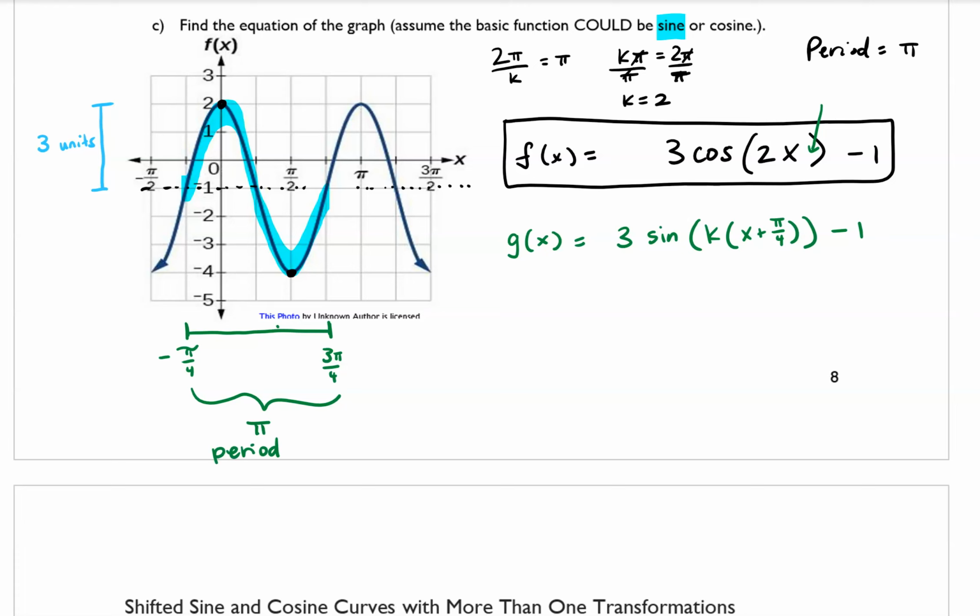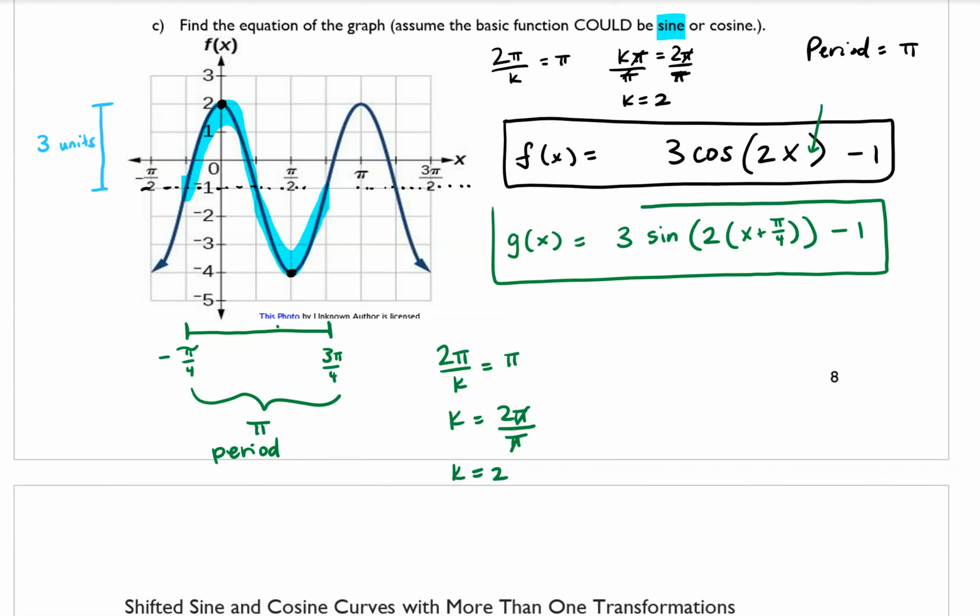And so if we did 2 pi over k is equal to pi, our period, if we solve for k again, we'd get k equals 2 pi over pi, which is equal to 2. So I'm going to go ahead and erase this and substitute in our 2, and this would be our equation if we were thinking about this graph in terms of sine.